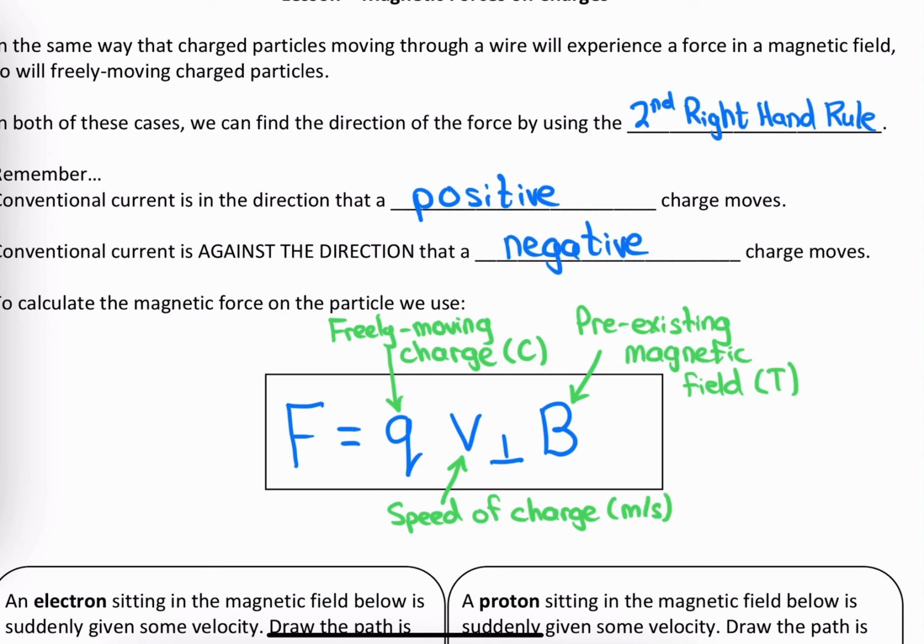And so when I have a magnetic field, and in it I place a charge, and then that charge gets given a certain speed, the charge will feel a force. So F is the force exerted on the charge by the field.